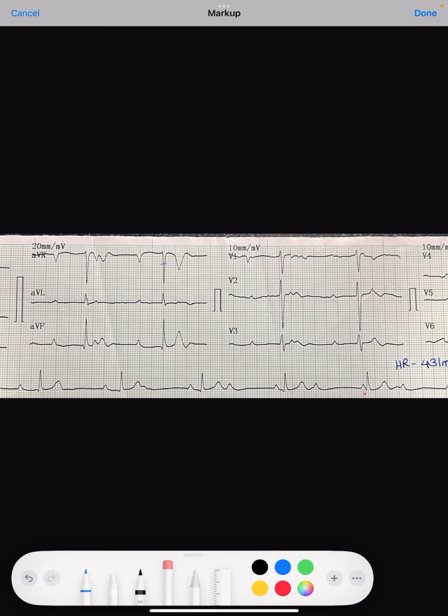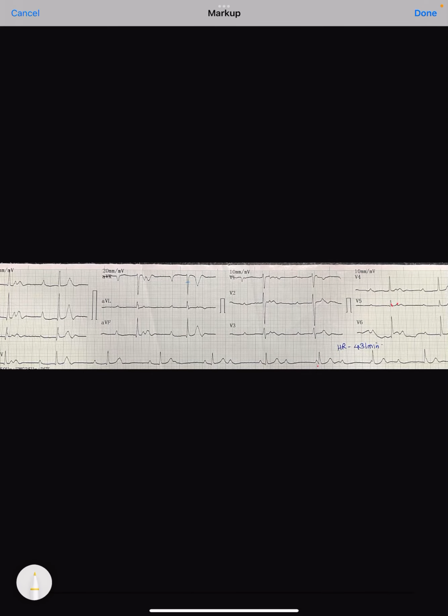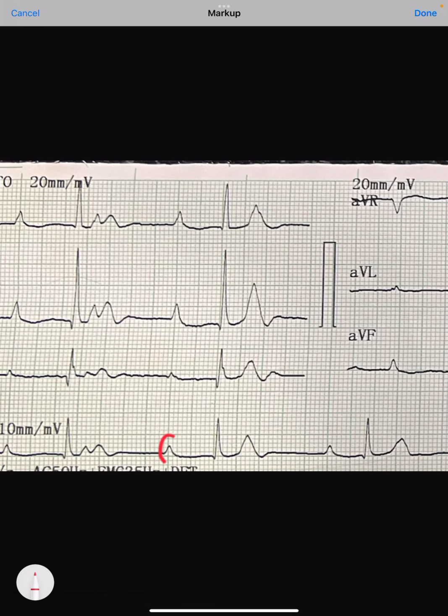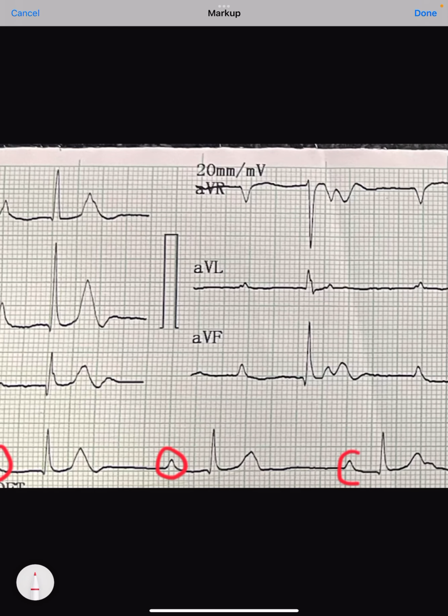That is the definition of AV dissociation, and AV dissociation means complete heart block. The atria have their own rate which is totally different and is not at all connected with the QRS complexes.